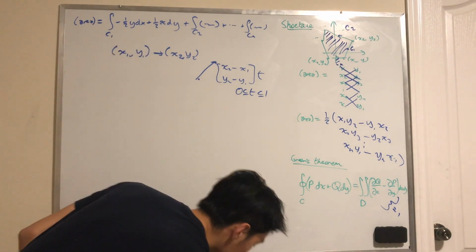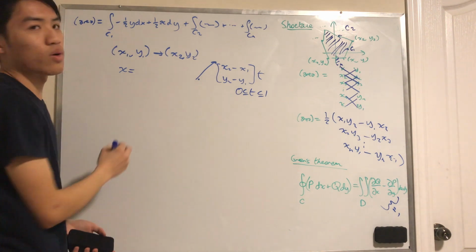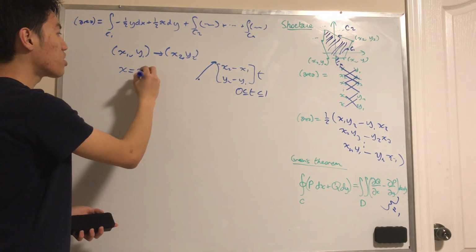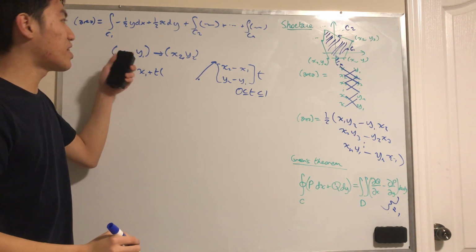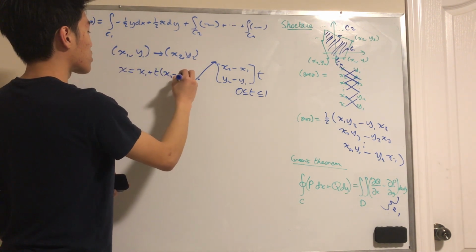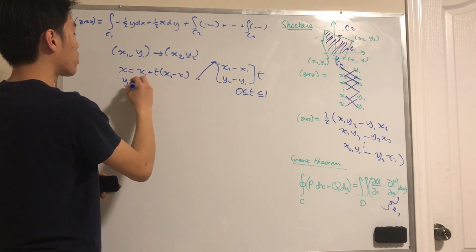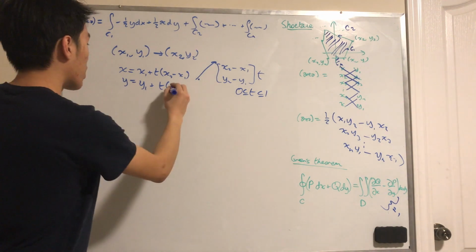To write it out in full form, x is the starting point plus the vector that connects the first point to the second, x1 plus t times x2 minus x1. Same thing for the y coordinate: y1 plus t times y2 minus y1.